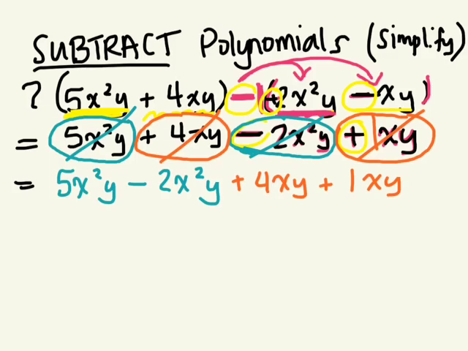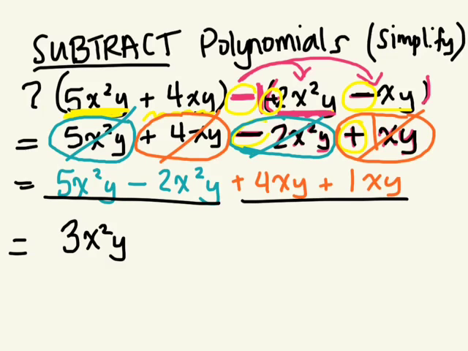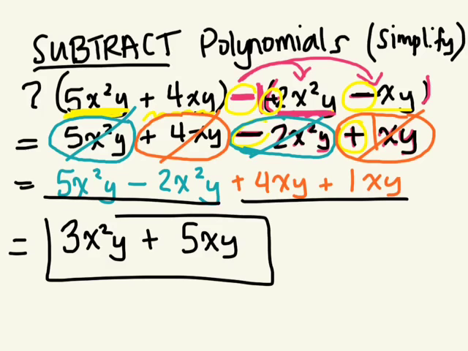And can someone give me the final answer when you've simplified it? 3x squared y, and then what? That's that simplified. Plus what? Plus 5xy. Am I done? Are these terms unlike? Can I go any further? No, that's it. That's the final answer.